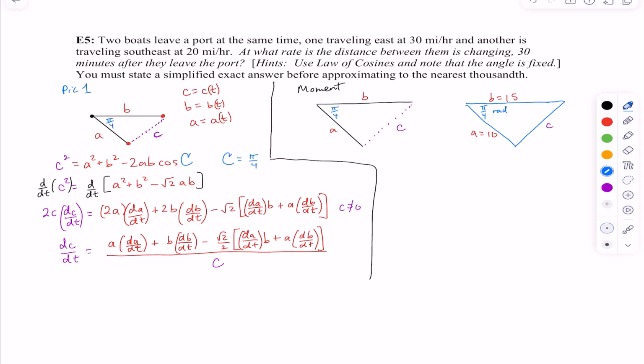Let's go ahead and solve for C using the law of cosines. C is either going to be positive or negative. C squared equals A squared plus B squared minus 2 times A times B cosine of pi over 4 radians.